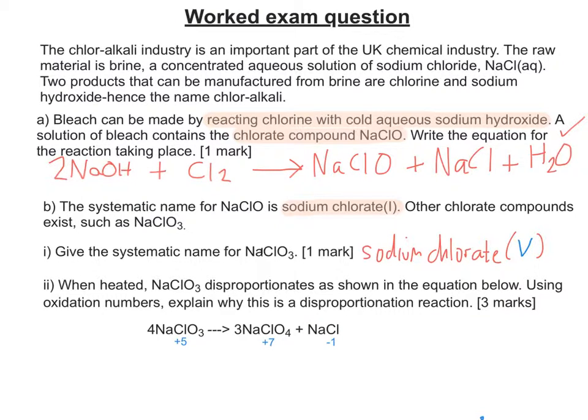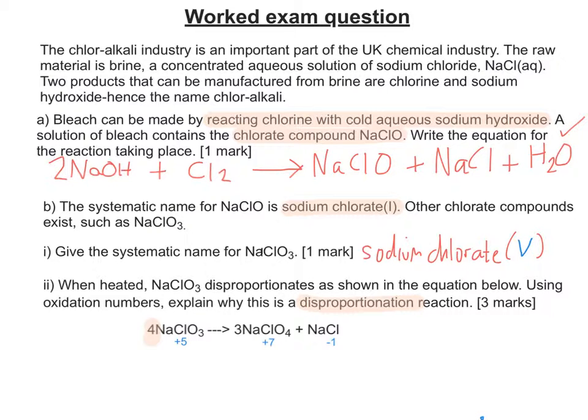So now what we've got to do is work out what that means in terms of reduction or oxidation. If you remember what disproportionation is, it's a simultaneous reduction and oxidation of the same element. Now if you look at the NaClO3, you'll realise that there are 4 of them, so we have 4 chlorine atoms to play with.